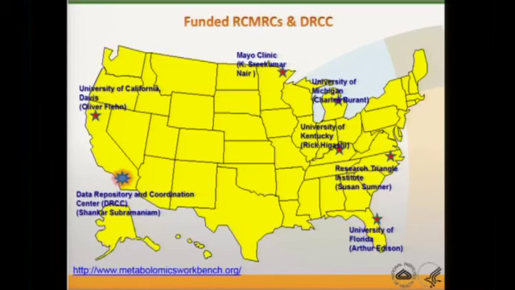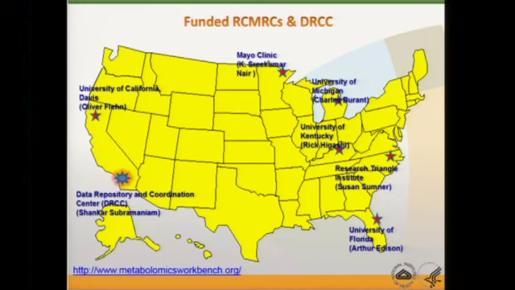We have Oliver Fiehn at UC Davis, Mayo Dr. Sreekumaran Nair, and University of Michigan Charles Burant, and Rick Higashi at University of Kentucky, and Research Triangle Institute Susan Sumner, and University of Florida Arthur Edison. And some of these folks are actually in the audience today, and you may have been already interacting with them.